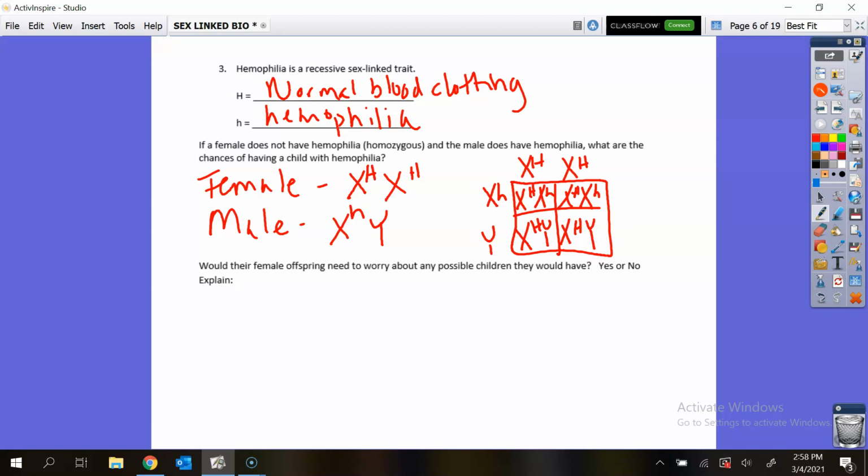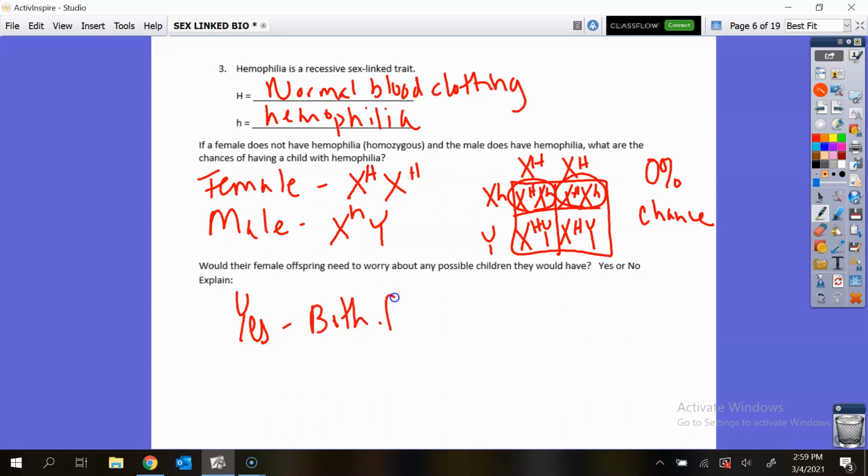You always have to make sure that you answer the question. There is a 0% chance. Now, would their female offspring need to worry about any possible children they would have? So if you look up here, the female offspring, if these females have children, they would have to worry because they are both carriers.